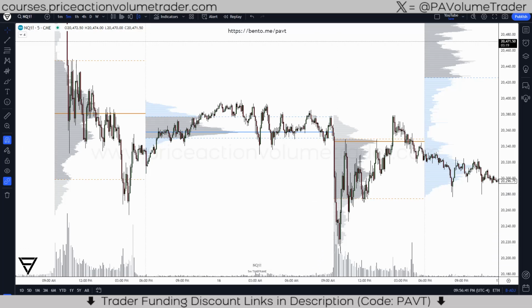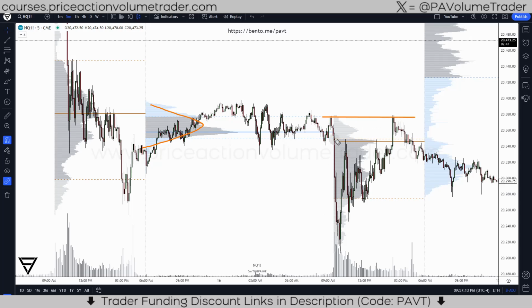So you can see, for example, this value area high from the extended hours marked the exact top that we had on the regular trading hours. And you can see we had a very thick, nicely defined profile. It was a pretty balanced extended hour session, and then we got a very nice reaction off of it.